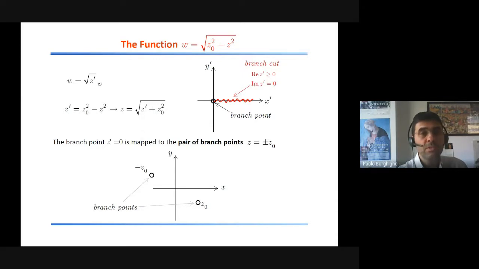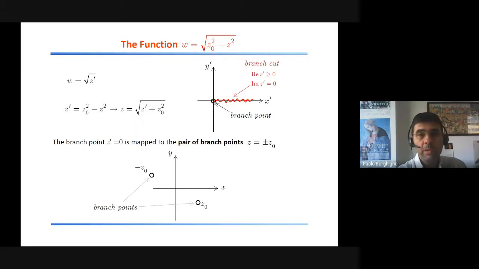If you examine first the function w equal to the square root of z', then you could, for example, choose the positive real axis of the z' complex plane as a branch cut. You see the red wiggly line indicated here explicitly, the branch cut. The real part of z' is greater than or equal to 0, whereas the imaginary part is equal to 0. And the branch point is the origin.